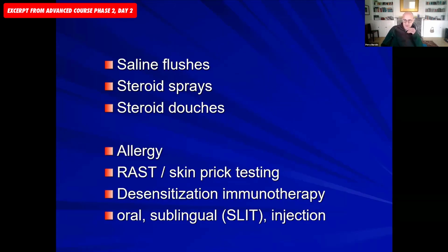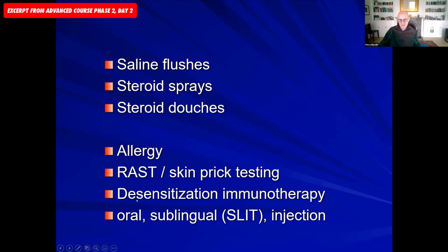So what can we do from a nasal perspective that's non-surgical? Well, you can flush them with some saline, you can flush them with some steroids, or you can even do nasal douches with steroids. That's more in the case of polyposis, where we squirt Pulmicort with a rinse bottle into the nose. Other than that, you've got some of the allergy treatments, and you've got a RAST, which is a blood test to look for allergies, or you've got formal skin prick testing.